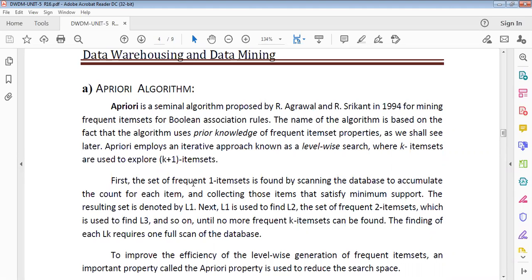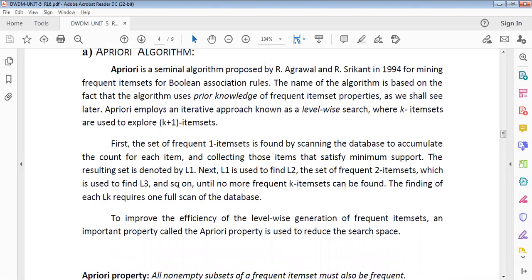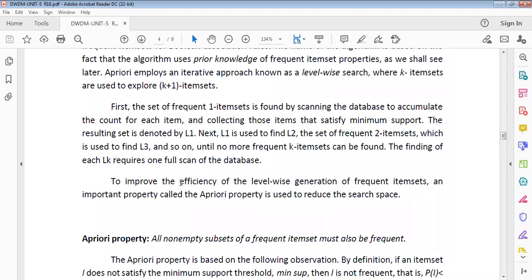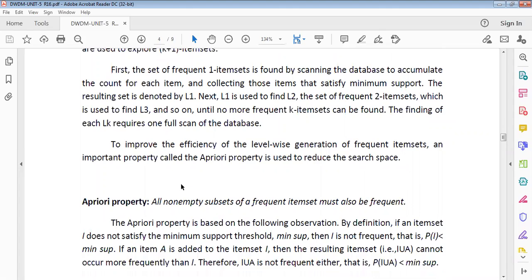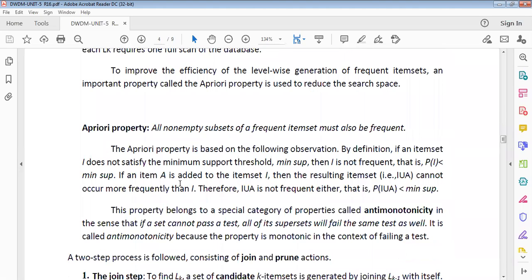The resulting set is denoted L1. Next, L1 is used to find L2, the set of frequent two-item sets, which is used to find L3, and so on. Finding each Lk requires one full scan of the database. So in the Apriori algorithm, all non-empty subsets of a frequent item set must be frequent.